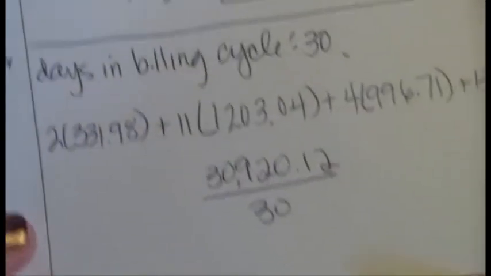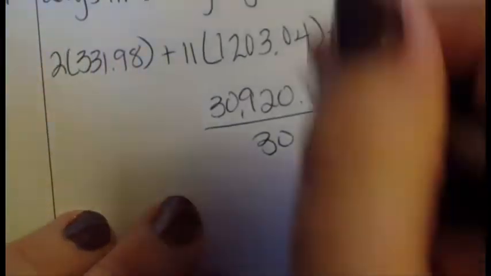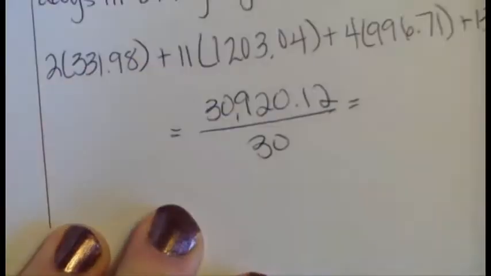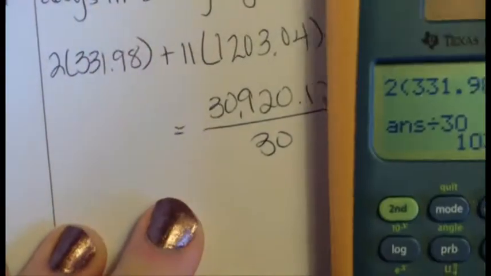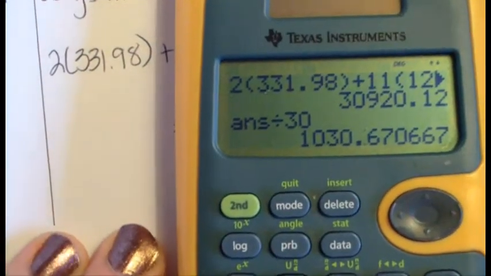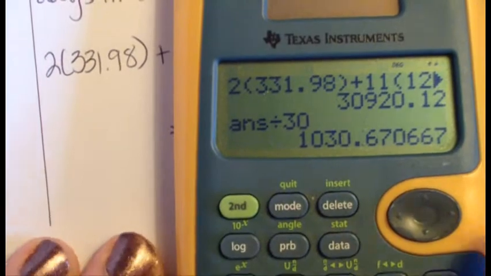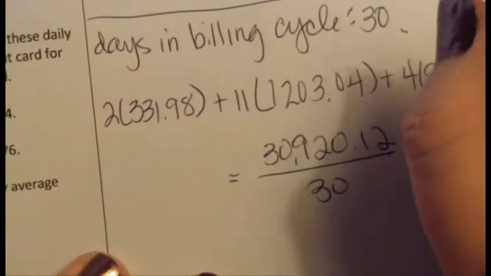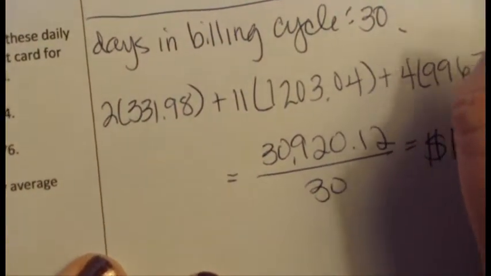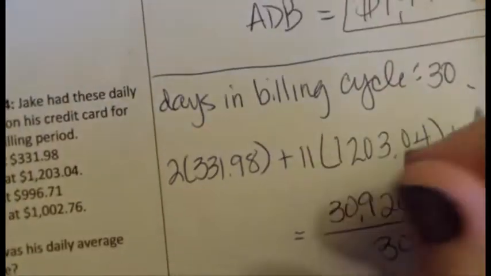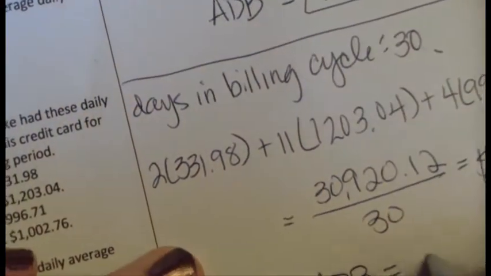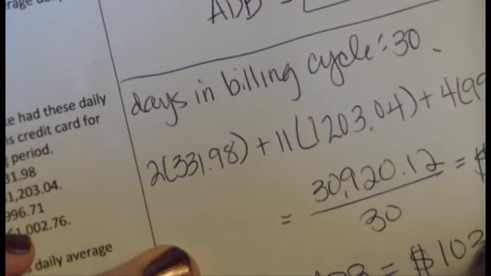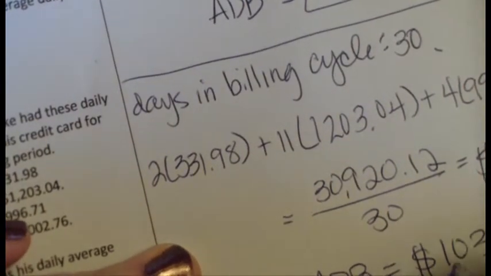And then we have 30 days in the billing cycle, so we're going to divide that by 30 to get our average. And we get $1,030.67. So Jake's average daily balance turned out to be $1,030.67.